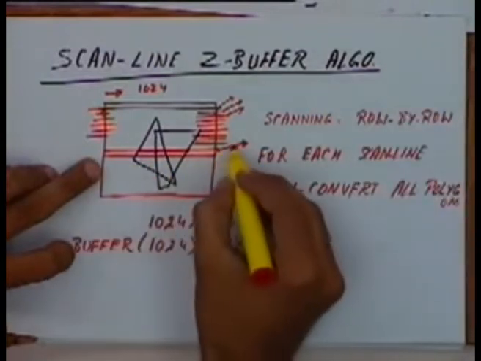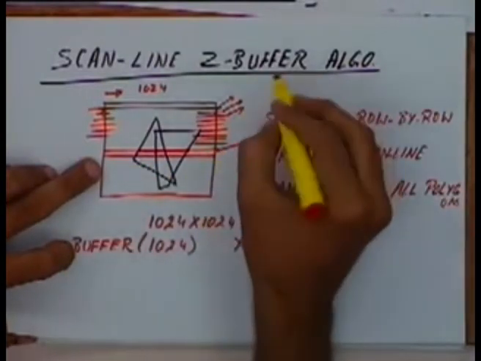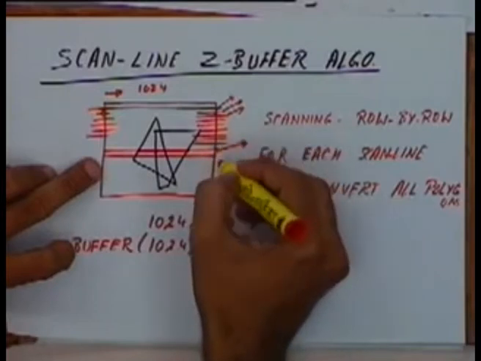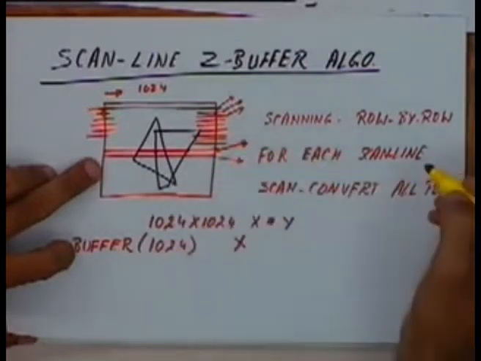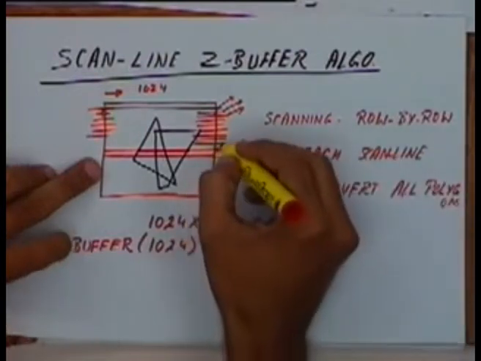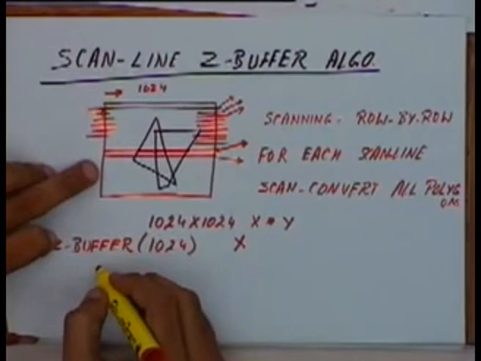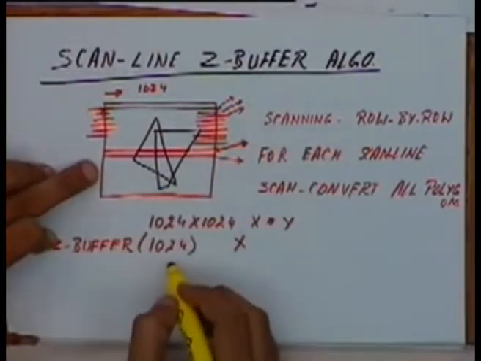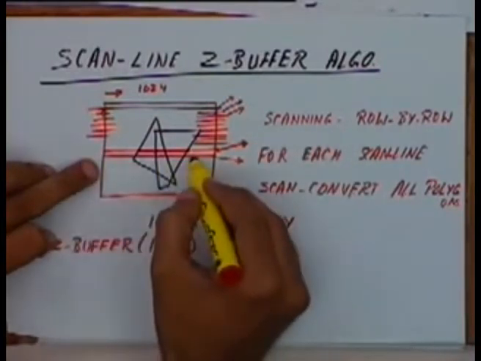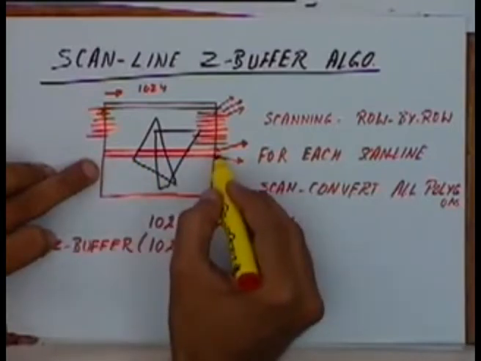So the Z buffer for this, I'll update that to get the Z buffer for the next one. I'll use the same array, I'll change its value so that it will now show the Z buffer for this scan line.